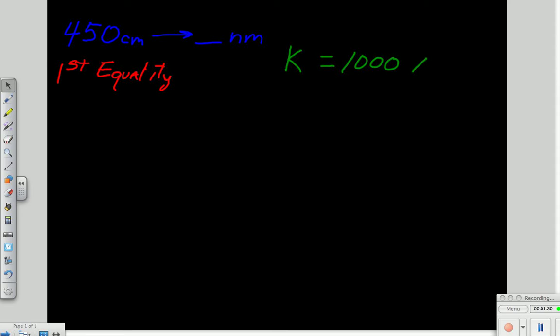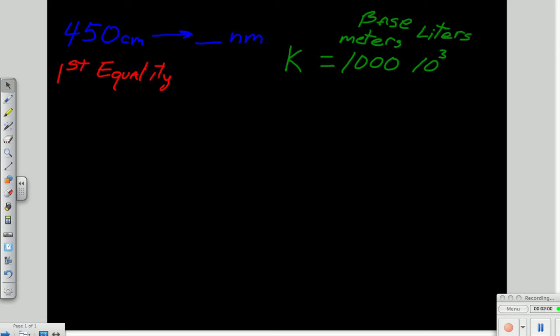Written in scientific notation, that's 10 to the third. Now, what a base unit is, whether you're talking meters or seconds or liters or grams, it's whatever the base is that you're working with. So it can be meters, it can be liters, whatever.